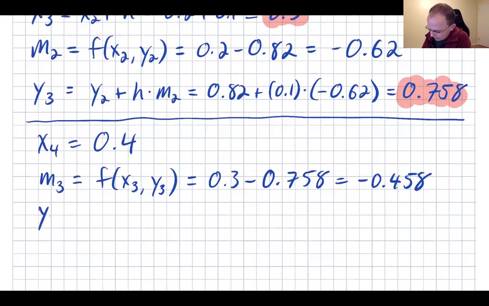You can see things are getting a little bit more complicated here. We have 0.758.